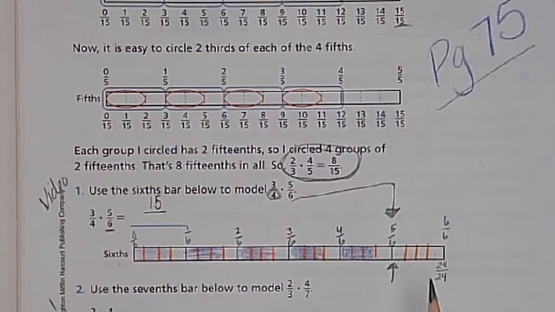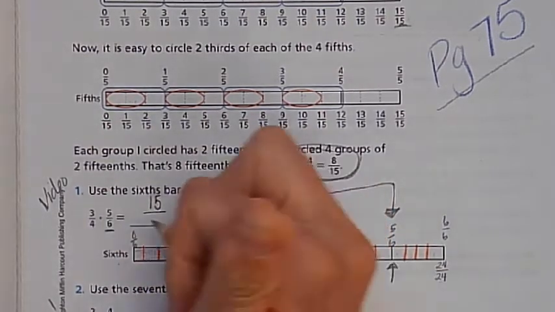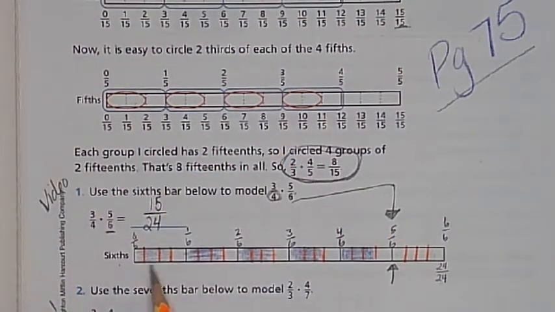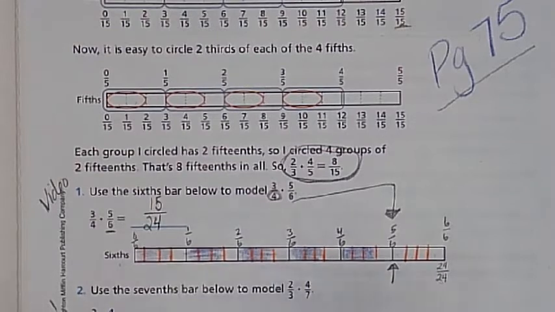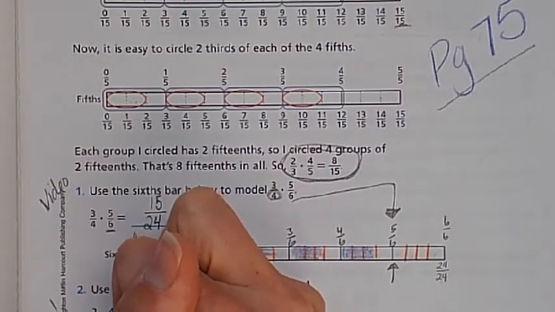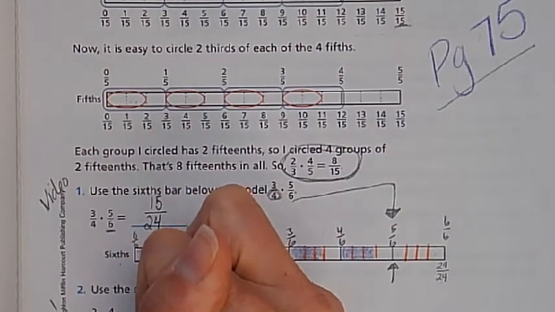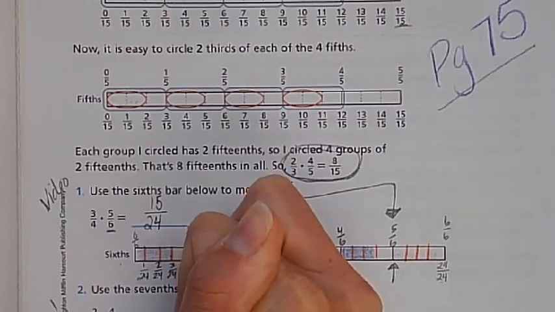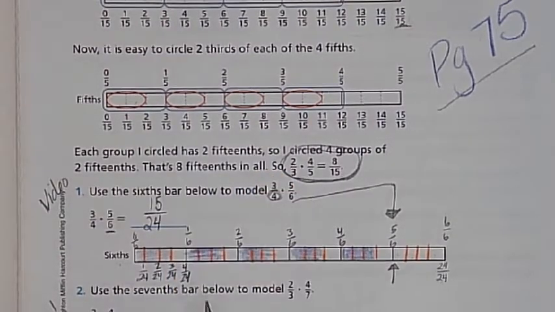But when I look at those, it's not 6ths, we're working in 24ths. So my answer is 15 24ths because I had to count those. So if we wanted to write that down to make that a little clearer, we would just start counting 1 24th, 2 24ths, 3 24ths, 4 24ths, and we would go all the way down.